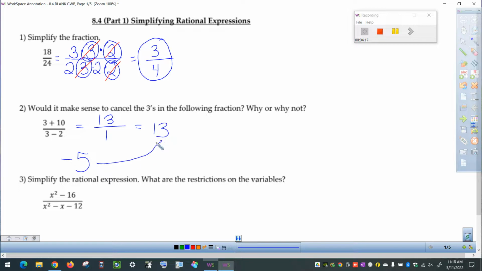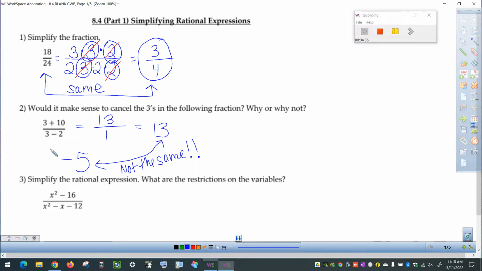So notice how mathematically it does not seem that it would work to cancel those 3's because the results are not the same. It seems to be different from what we did up here in the first problem, where 18 over 24 truly is the same quantity as 3/4. But that doesn't seem to be the case down here when we have the addition and subtraction.